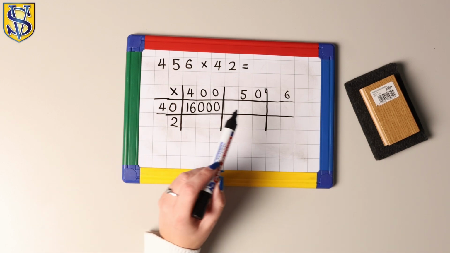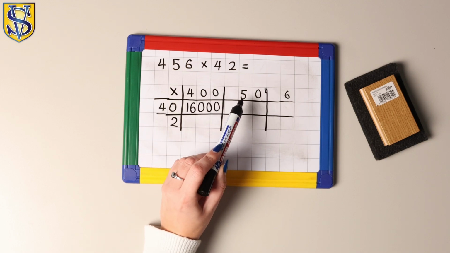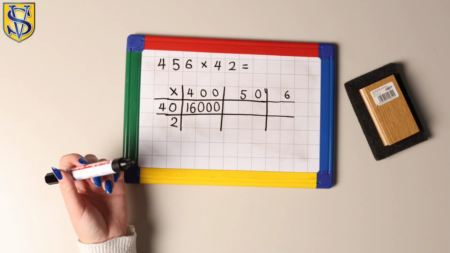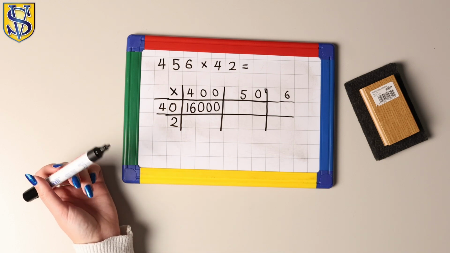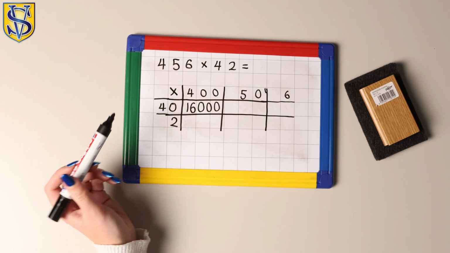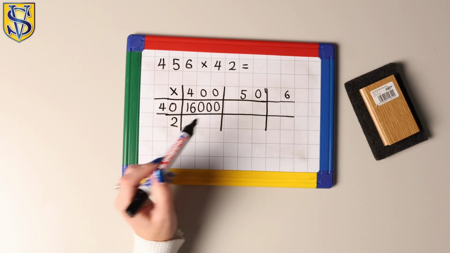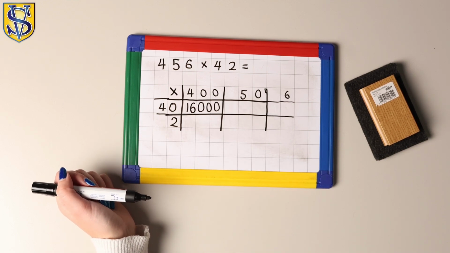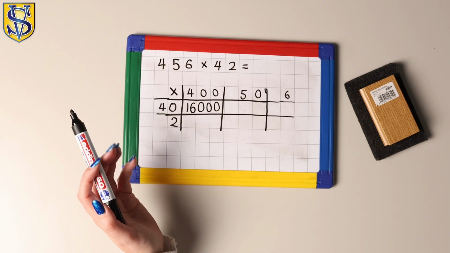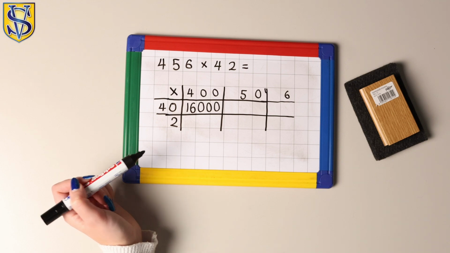Then I'm going to move across and I'm going to do 40 times 50 or 50 times 40, doesn't matter. Once again, that can be quite challenging. So you could see it as 4 times 5. And then, as there are 2 zeros here representing the tens in each one, you can multiply the answer by 100 because that moves it 2 decimal places, which is the same as multiplying by 100, and that will give you the answer.